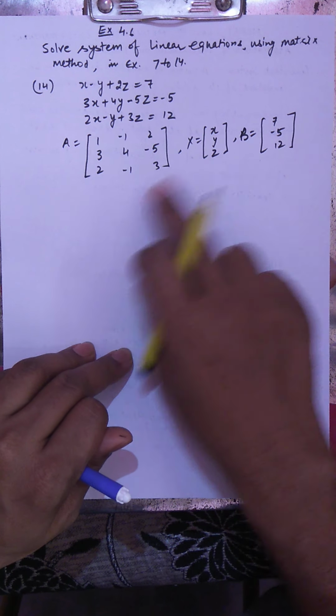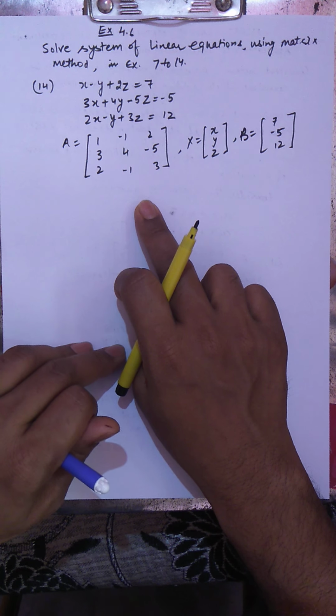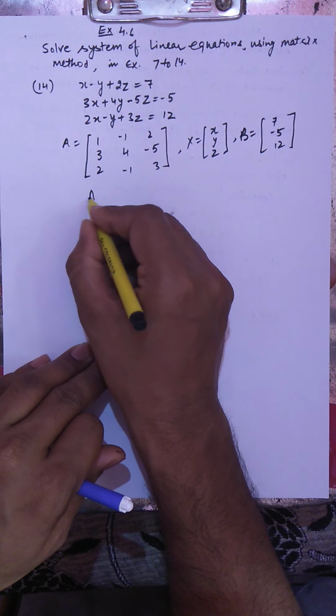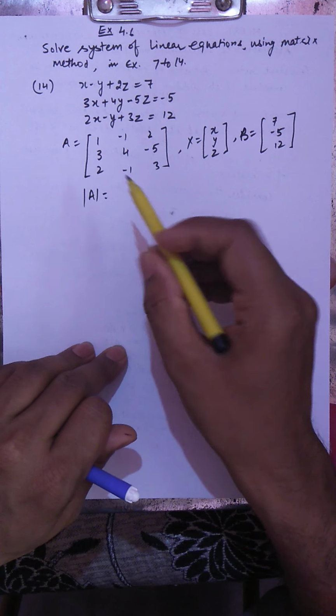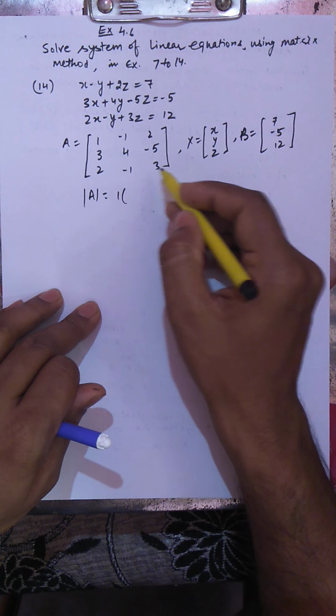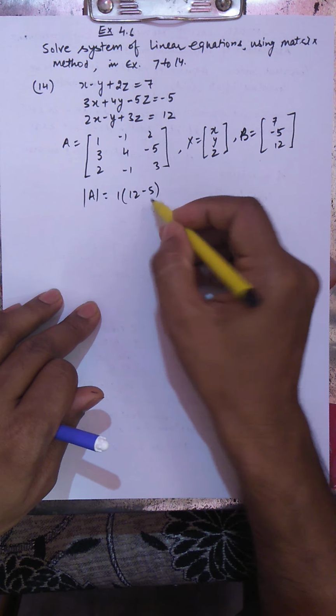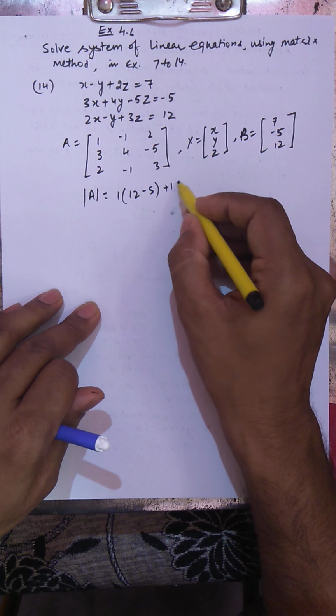Now we'll check whether a solution exists, or whether the system of equations is consistent or not. So we'll calculate the determinant of A this way. I'll take 1, then 4 into 3 is 12, and minus minus is plus, again minus 5, then minus minus will become plus.